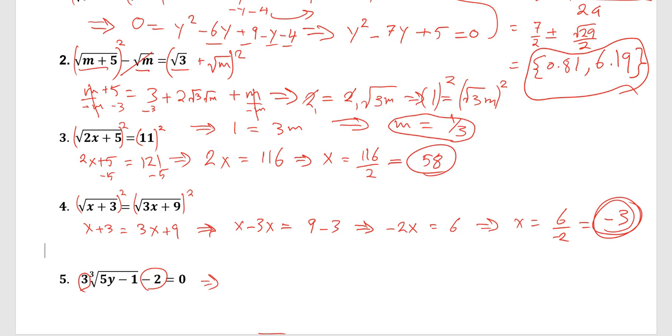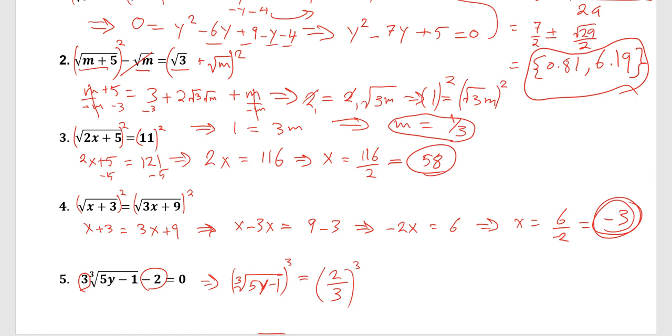So the cubic root of 5y minus 1 equals plus 2 divided by 3. Now we can square, not square, but cube. Take the cube of both sides.